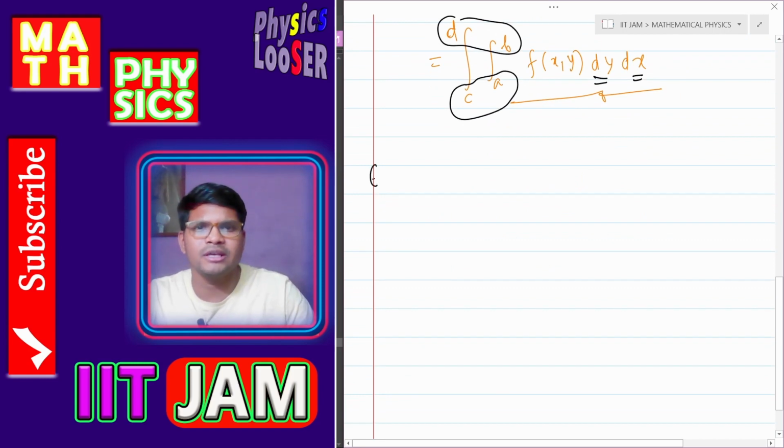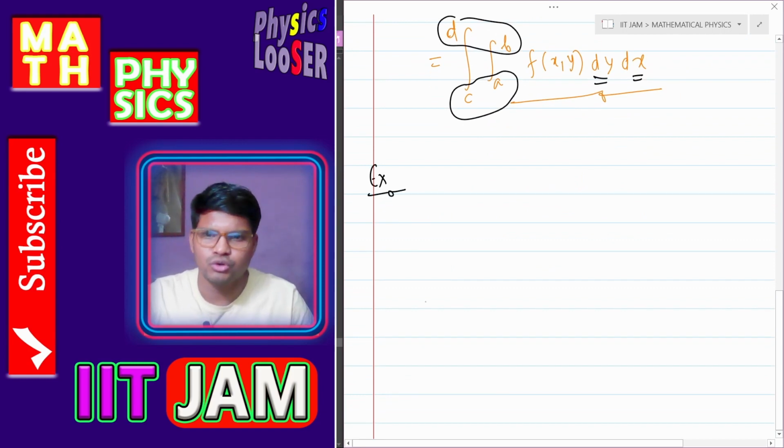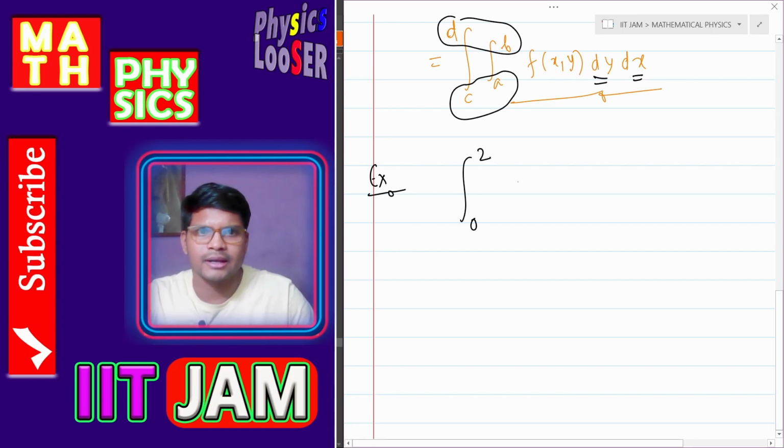So first, a very simple example that I am going to use over here: I have 0 comma 2, and let's say I have minus 1 comma 1, and there is x minus y, and dy times dx.